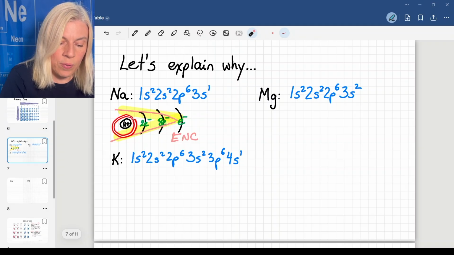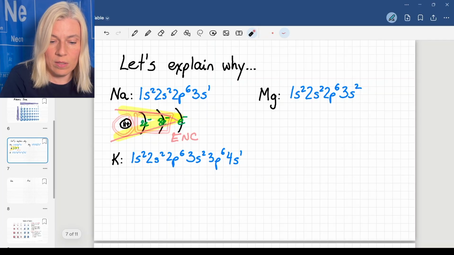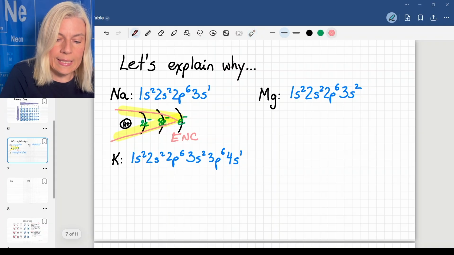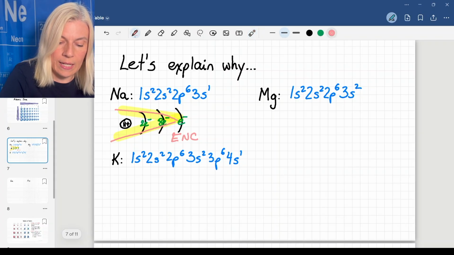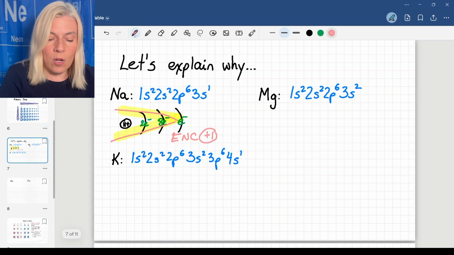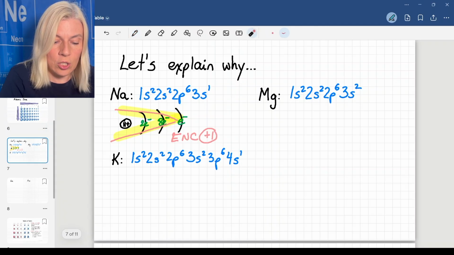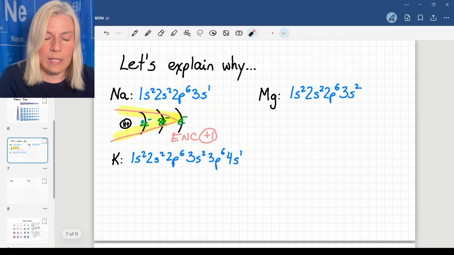So there's 11 protons, but then there's 10 electrons in the way. So 10 electrons block 10 protons, right? So it is as if the last electron is seeing 1 proton. If you look at a definition, it's the number of protons minus your core electrons. So 11 minus 10, ENC is plus 1.